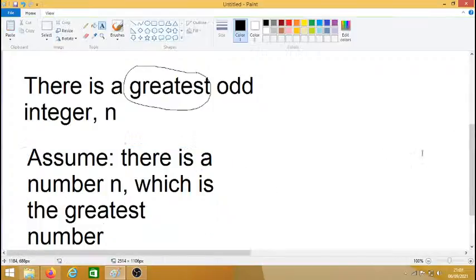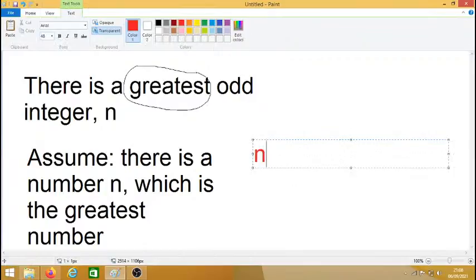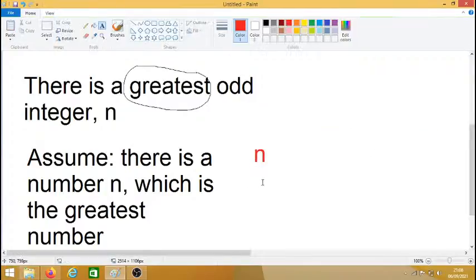If we assume that's true, then if we develop it and we find out that we're now reading something that looks false, then we've got a contradiction. So it means that we couldn't have had the beginning sentence as true. So let's start with, we've got n, it's the greatest odd number possible.